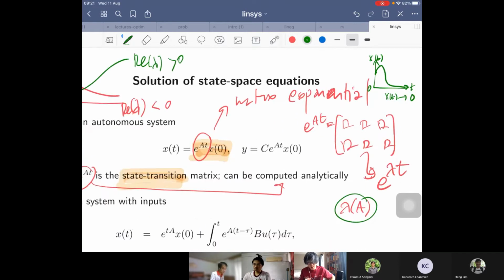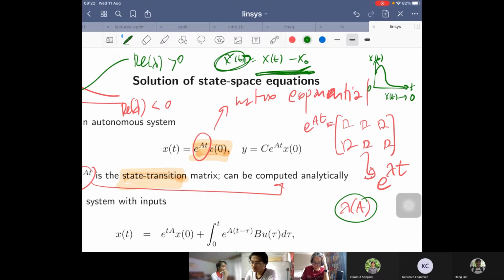When you say it converges to a constant, we can adjust the coordinate, right? If x(t) goes to a constant, it means that in another coordinate that you just transform like this, your x goes to 0. So in system theory, we would use the term that the state variable goes to 0 if the system is stable.